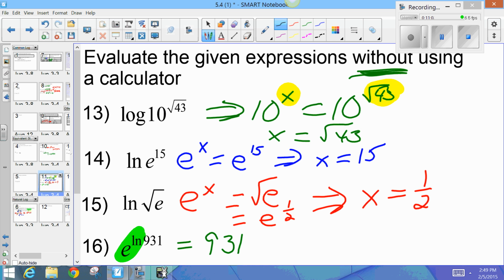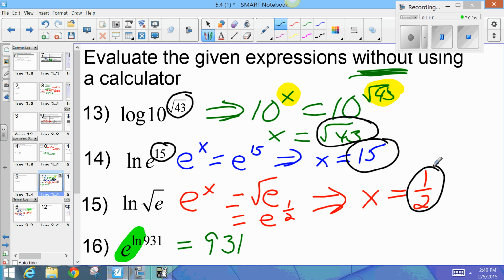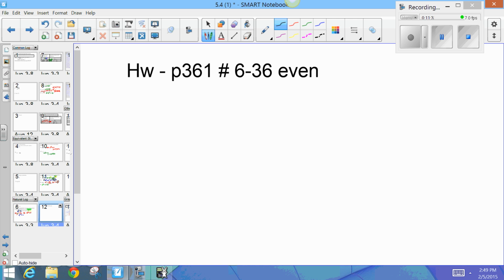Here I've got square root of 43. Well, that was my exponent. Here I've got 15. Well, that was my exponent. And here, the exponent to e, well, the square root gives me an exponent of 1/2. So that's my exponent. In each of these problems, we had a log and that base to the power of something. Those two things are inverse operations. That's it for this video.